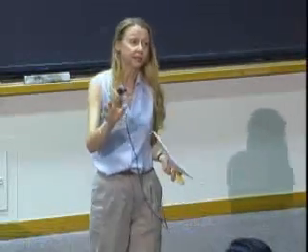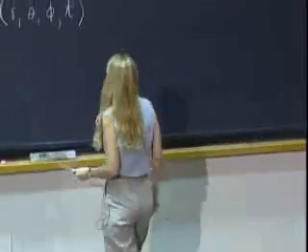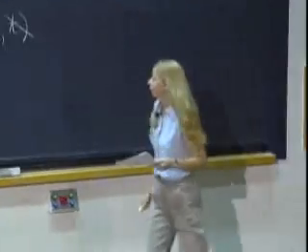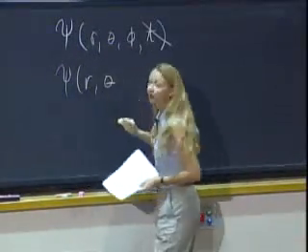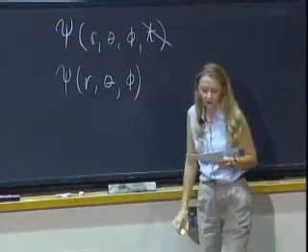And in those cases, we're looking at a wave function and the atom is just stable and it's sitting there, right? The time dependence here doesn't have a consequence. And so the wave functions that we're going to be looking at are just a function of r, theta, and phi.